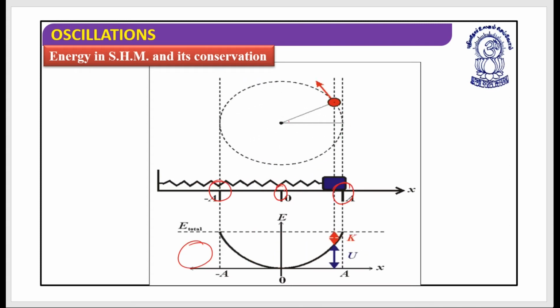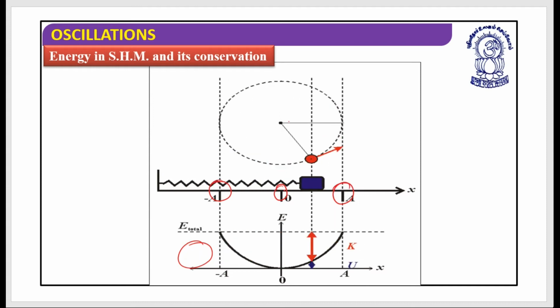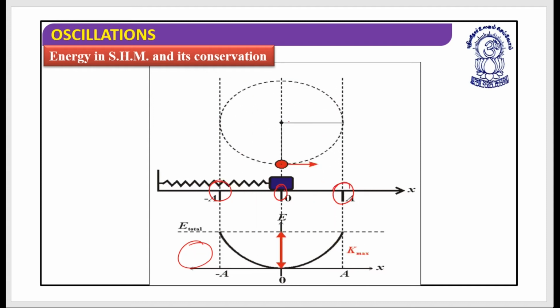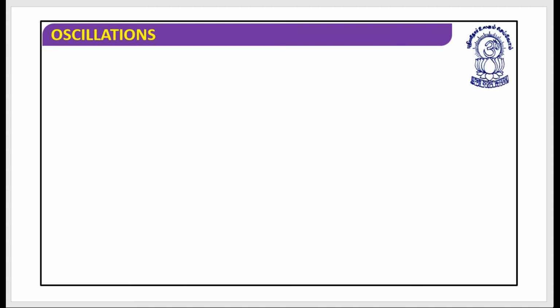So now we understand much of what we should know about the kinetic energy, potential energy, and total energy. Now let's work on the questions. So have your pen and paper ready and do it with me.